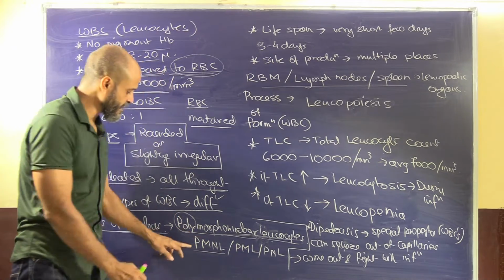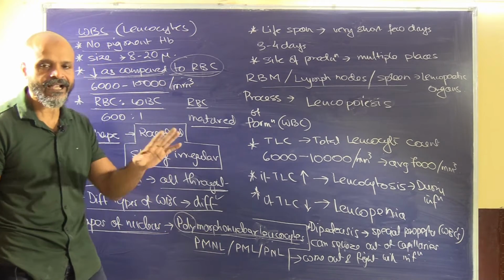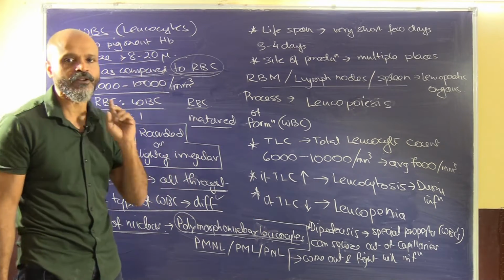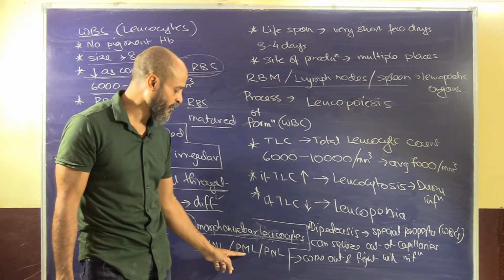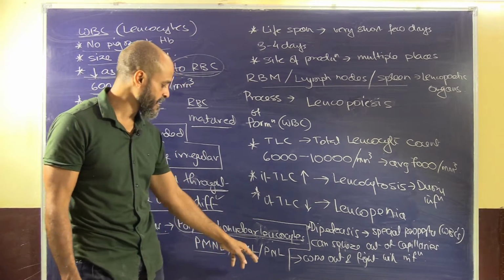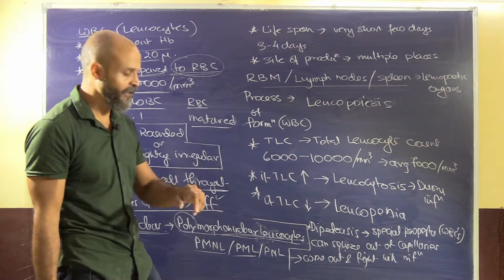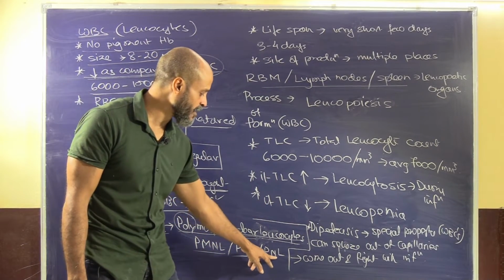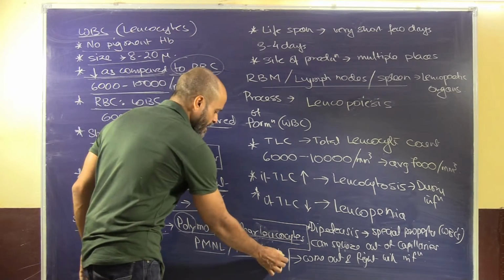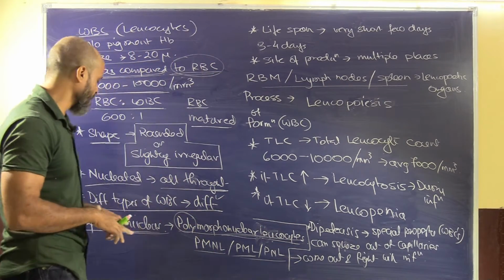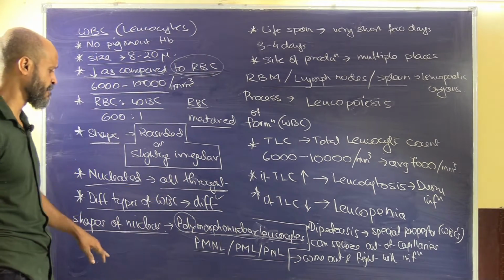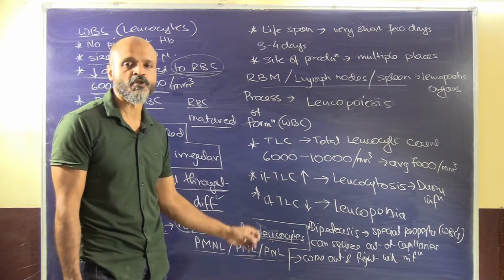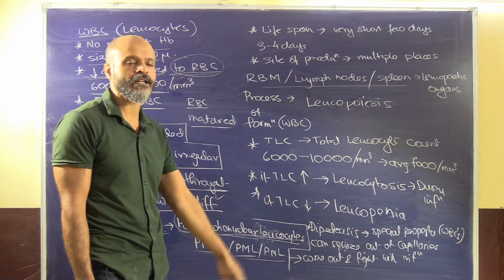In some places it is polymorphonuclear leukocytes as it is, in some places it is just PML, and in some places the morpho and nuclear parts are combined. So that's how the abbreviations in different places are different. Different types of WBCs have different shapes of nucleuses, and this phenomenon is known as polymorphonuclear.